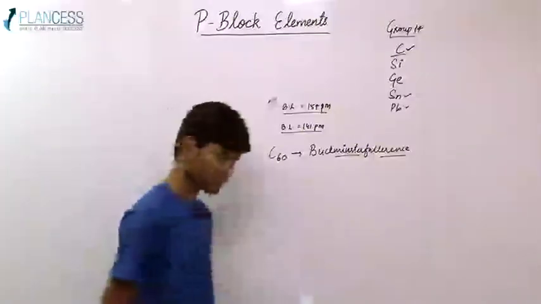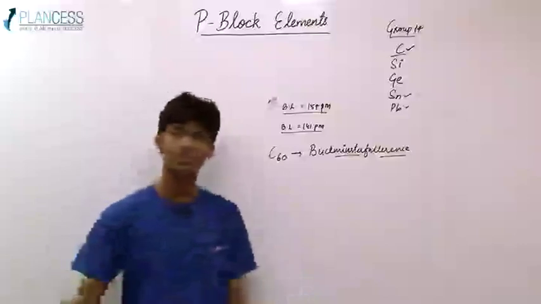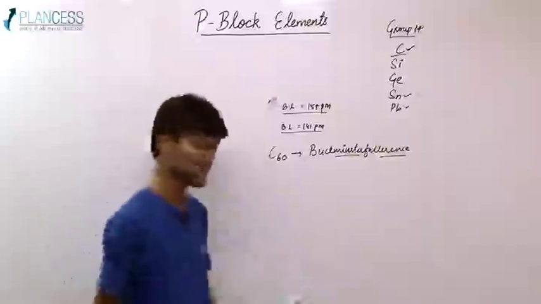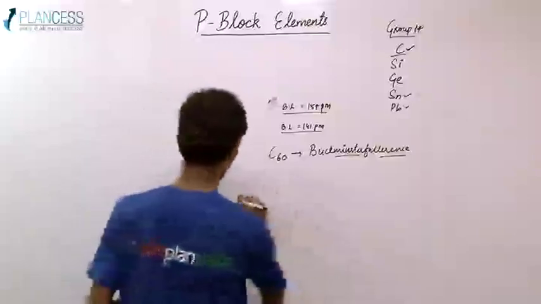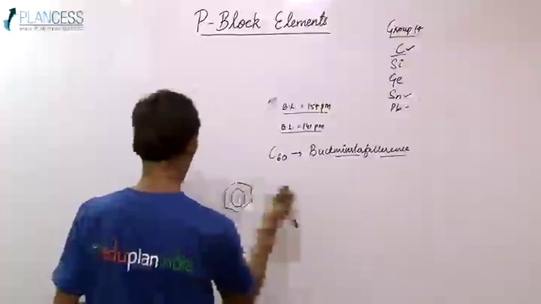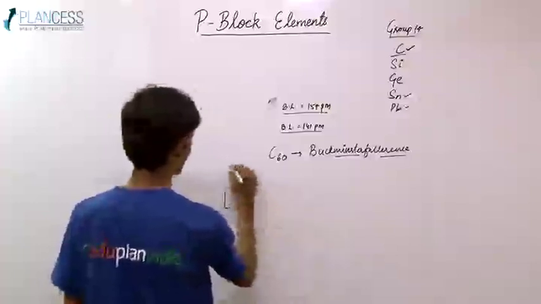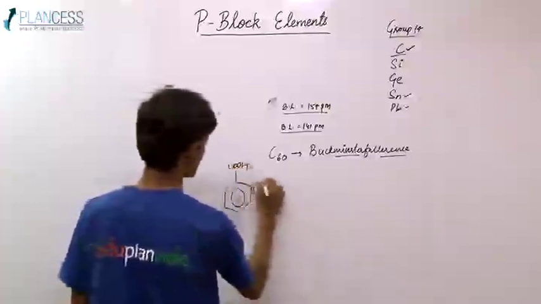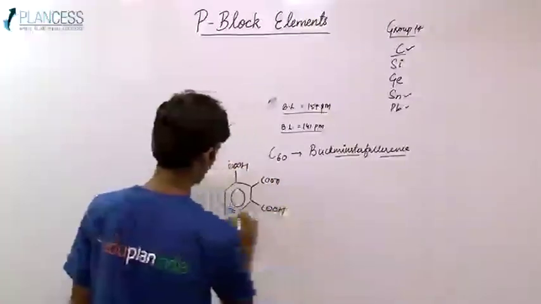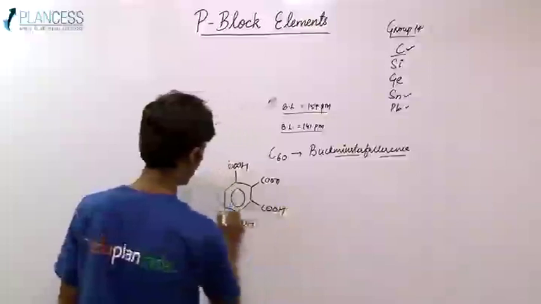Again, diamond is unaffected by concentrated acid, but graphite reacts with concentrated acid and forms mellitic acid. The formula of mellitic acid would be a benzene ring with 6 COOH groups, one on each carbon. So this is also known as mellitic acid.